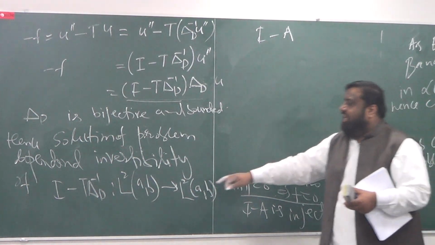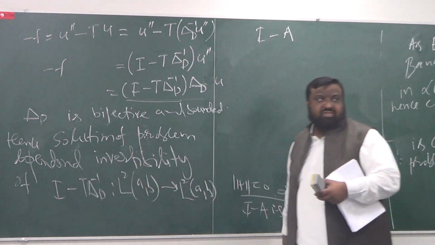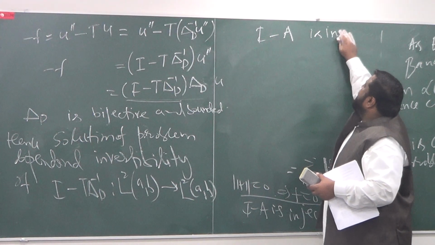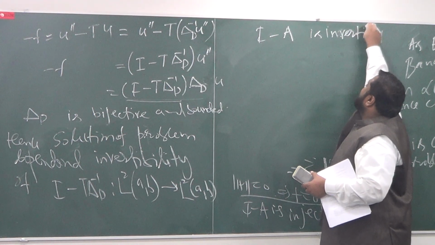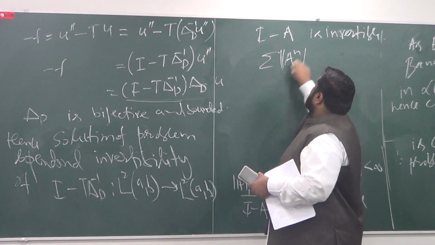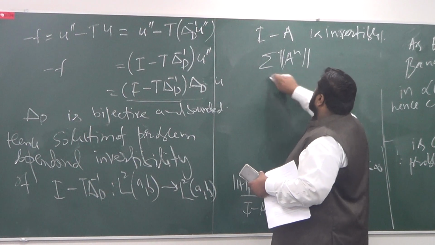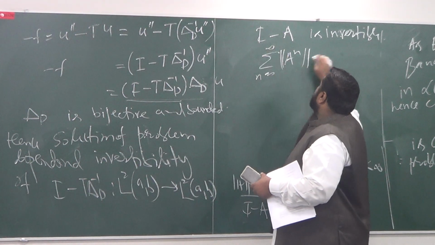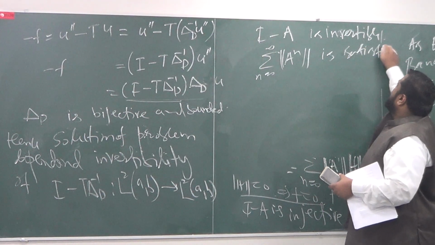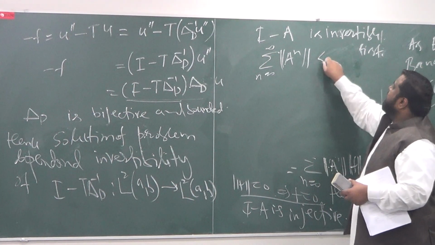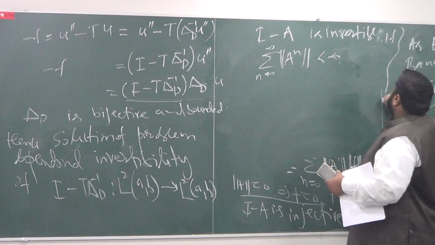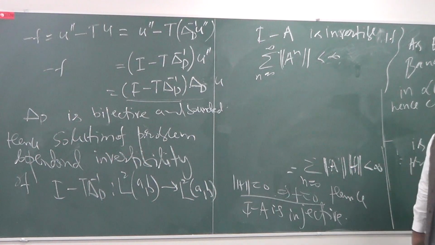So A is basically this operator, T delta d inverse, and I minus A is invertible if which conditions are satisfied? The series of powers of the norm, the sum to infinity, is finite.